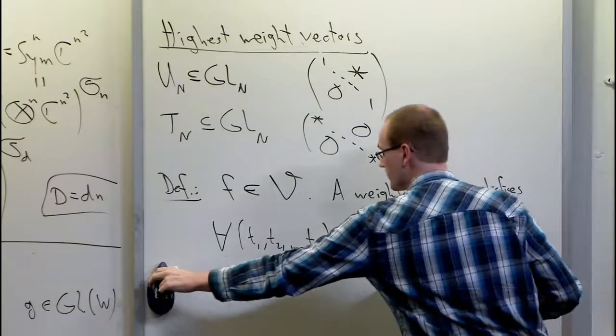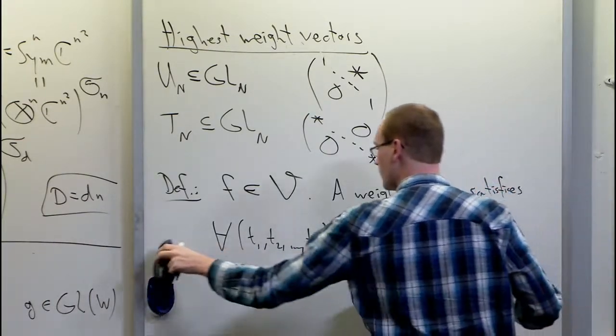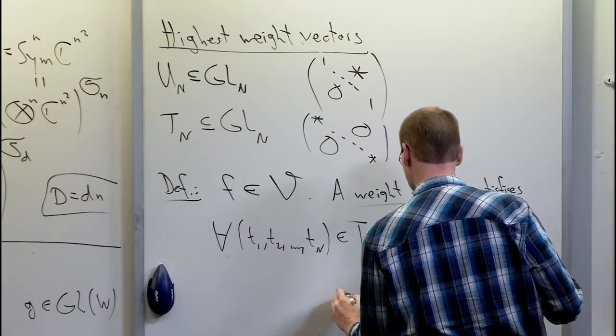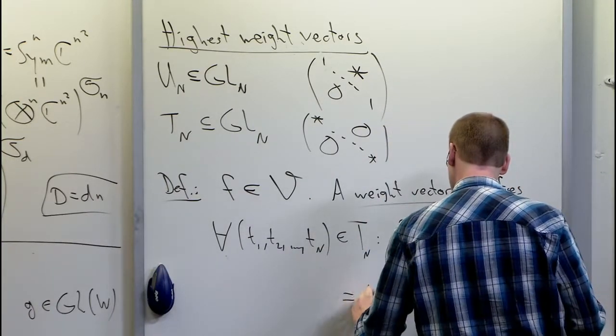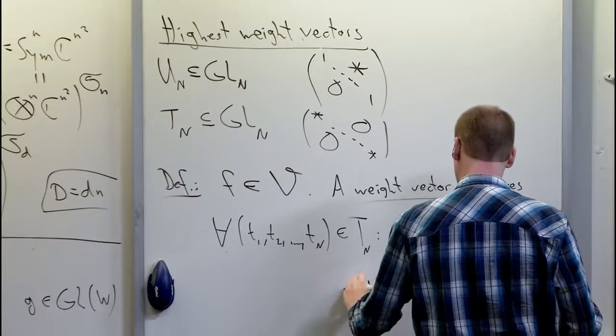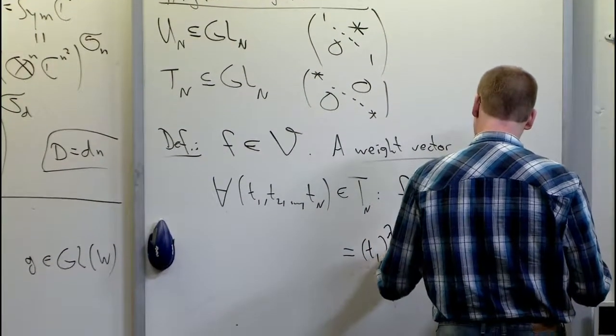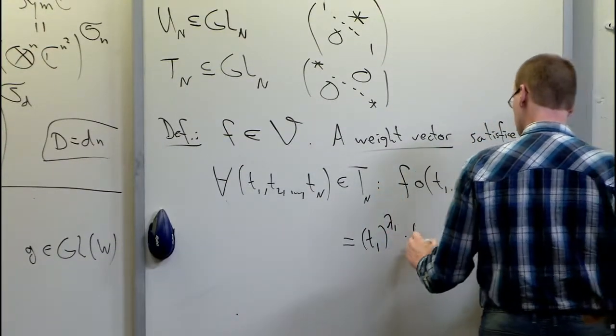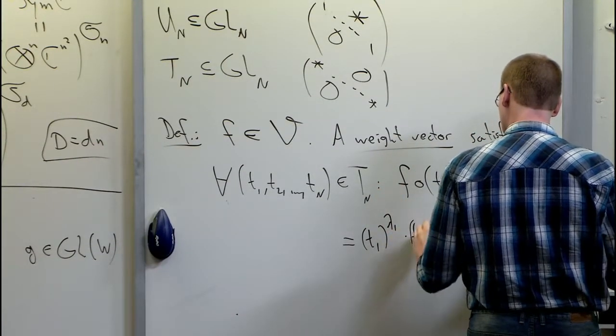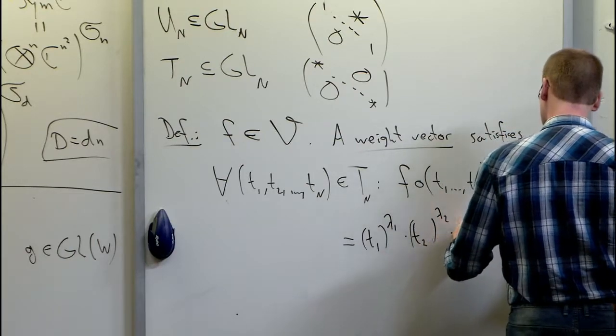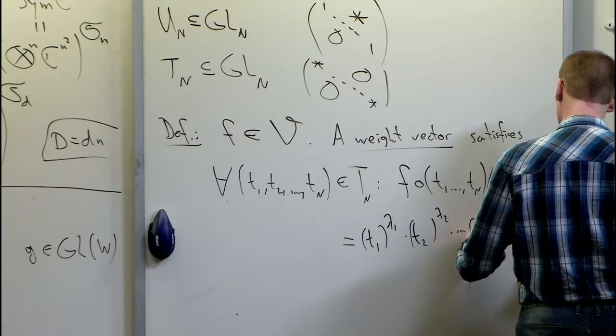Those are just scalars, right? Just complex numbers. And your f, if you act on it with a diagonal matrix, then it gets scaled. And these are the scaling factors that it picks up.